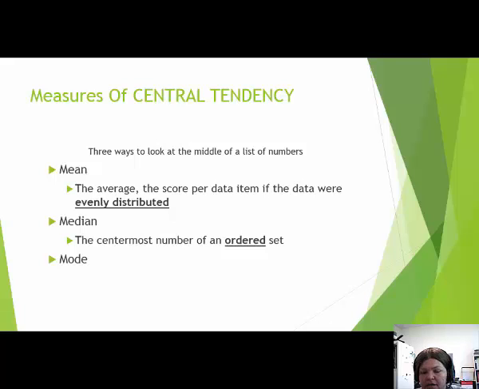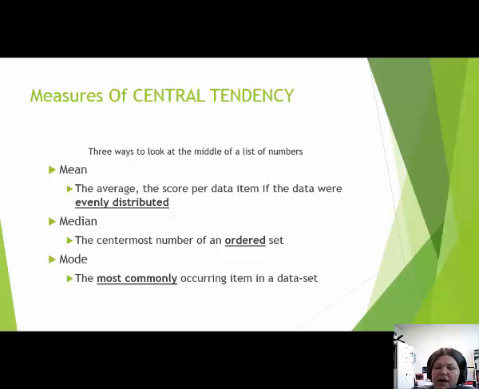The mode is the number that happens all the time. It's the one that happens the most. And so I have for definition for mode, it is the most commonly occurring item in a data set. If most of the students in my class are 15, then the mode is 15. If most of the students are 25, then the mode is 25.